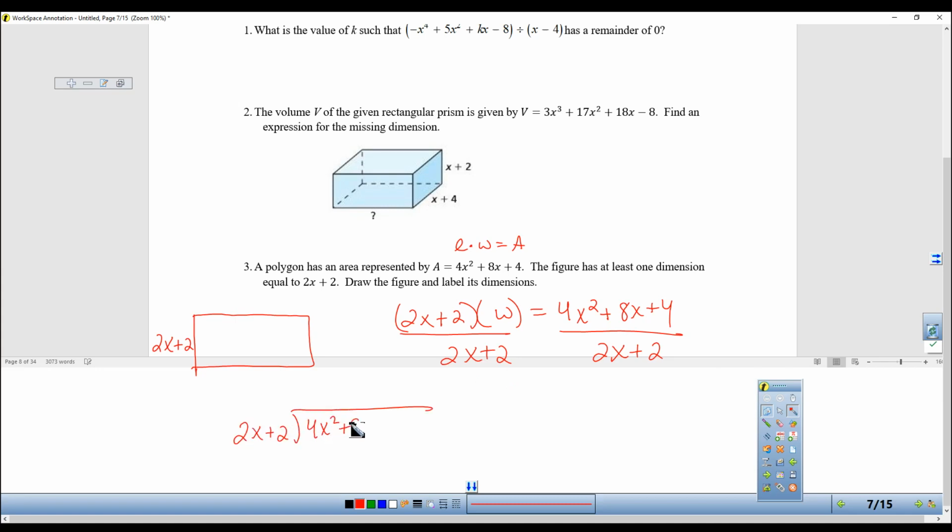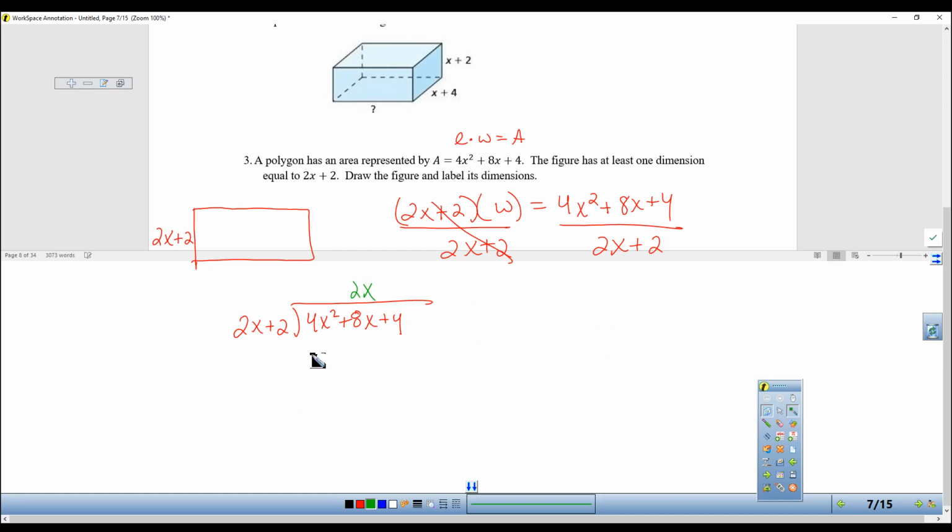4x squared plus 8x plus 4. I look at my 4x squared and my 2x, I divide, and I get 2x, which I put in this column. 2x times 2x is 4x squared, and 2x times 2 is 4x.